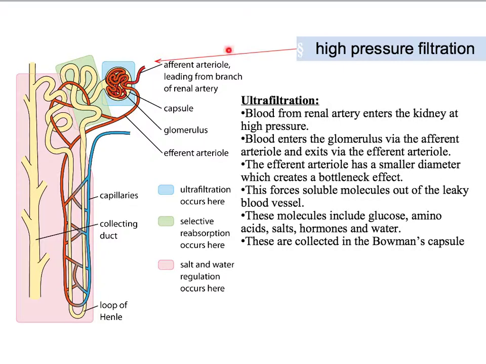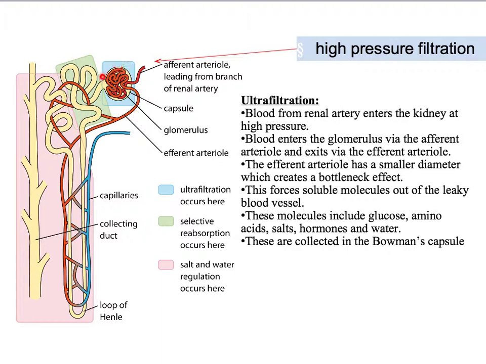The blood is brought in from the renal artery and enters this vessel as it branches off, called an afferent arteriole. So arterioles are smaller branches from arteries. Afferent means to take to, from Latin, to carry to. So the blood is carried to this structure here called the glomerulus.